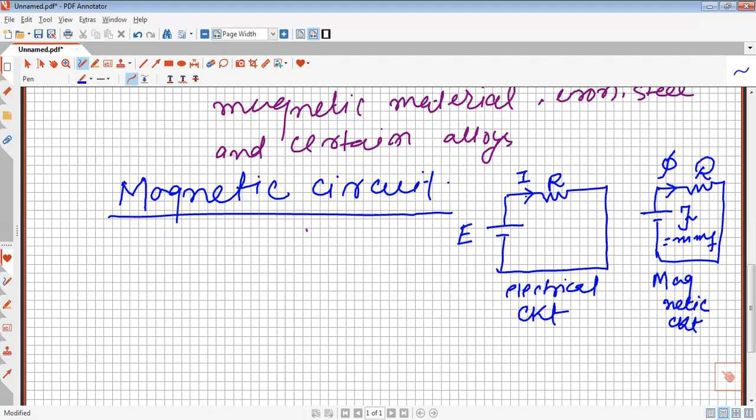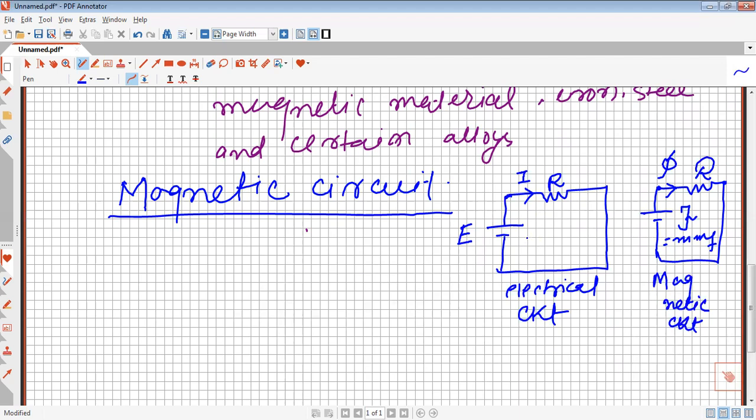So here we see that the flow of current will take place only when there is a potential difference. So the current will flow from here to here. In the same way, if there is a difference of MMF, flux will flow from here to here. Here we have seen that the current division rule is there, like Kirchhoff current law we have applied. So here also we will apply Kirchhoff current law for the flux, meaning incoming flux will be equal to outgoing flux.